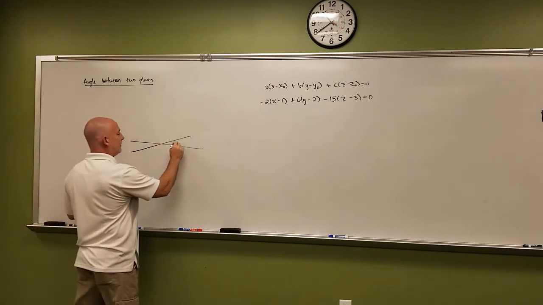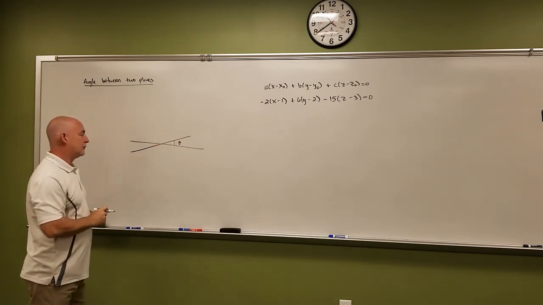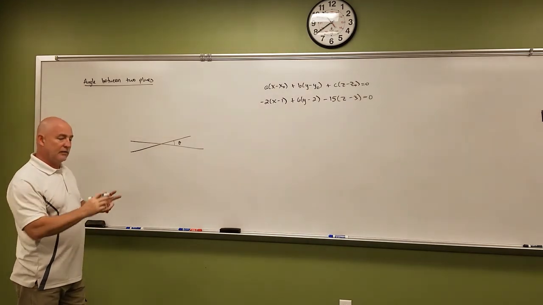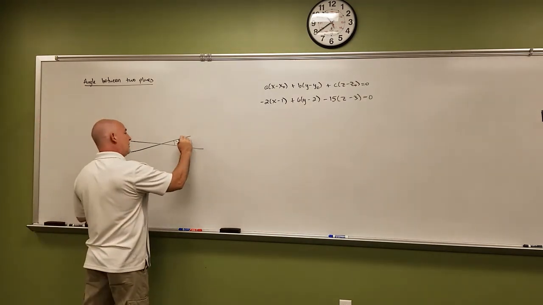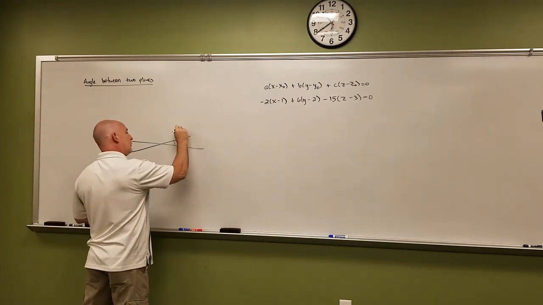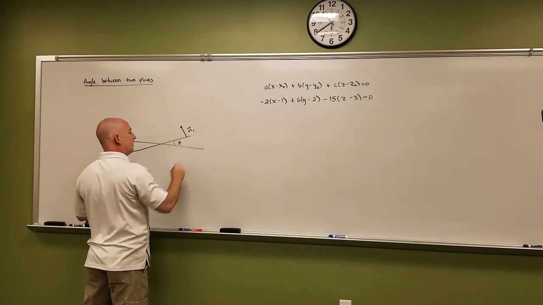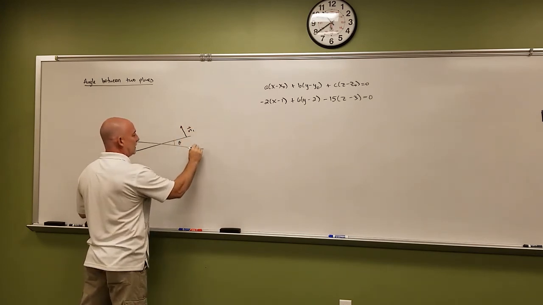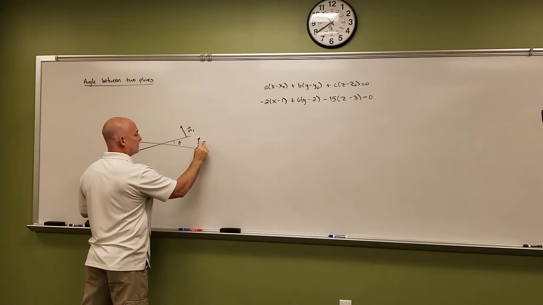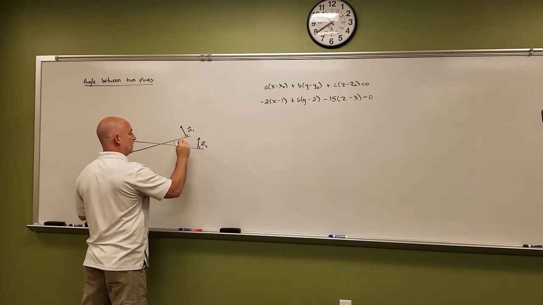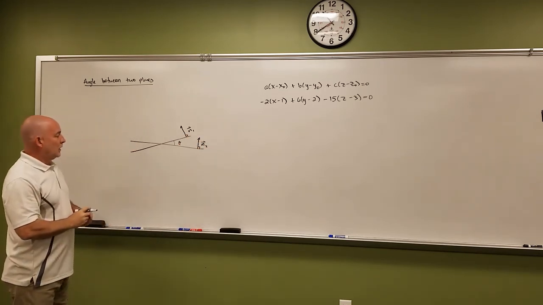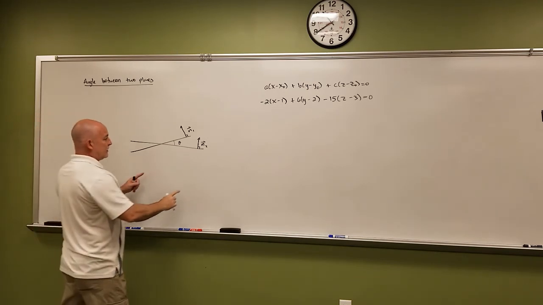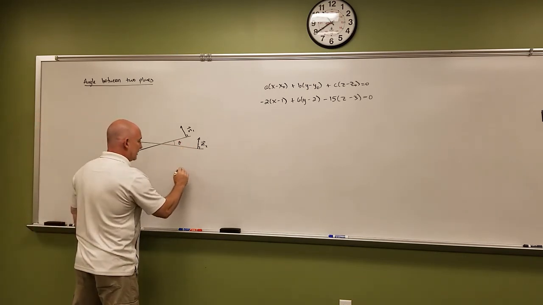So how could I find the angle between those 2 planes? Well, it's going to be a little bit more difficult to see. Imagine the normal, or a couple of normal vectors to these planes. Let's call that normal vector 1 and normal vector 2. So those are perpendicular there. Now, you're going to have to help me, use your imaginations. Imagine putting these to where they start at the same spot.